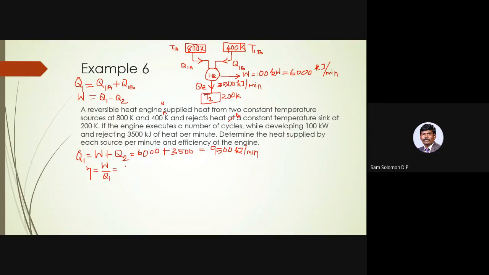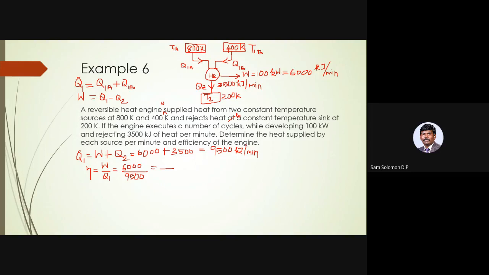Work done is 6,000 and heat supplied is 9,500, the total heat supply. So the efficiency is total work done divided by total heat supply. This I can find out. But how do I find Q1A and Q1B? I don't know how to do that using the regular formula.